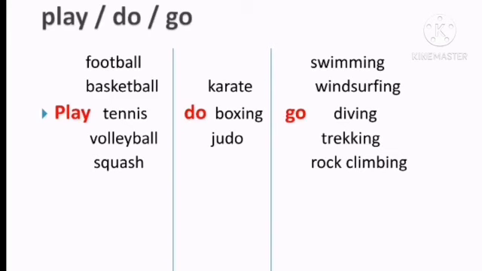We use do with other sports like do karate, do boxing, do judo. And we use go with go swimming, go windsurfing, go diving, go trekking, go rock climbing. So we have to differentiate among these three verbs: play, do, and go.